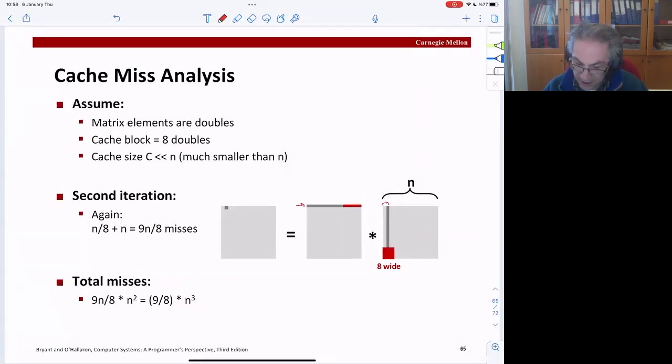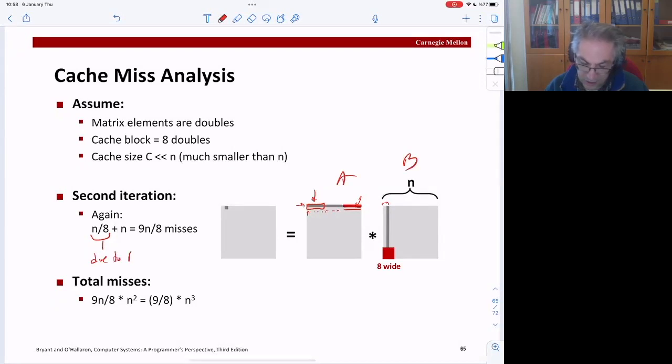When I'm accessing A, I will again have n over 8 misses because, remember, at the end of this, the first block was left in the cache, but the one that I will be accessing now, this one, will be a miss. It's interesting. If I go like this, then this one will be removed from my cache. And hence, as a result, this is the count due to A, and this is B.